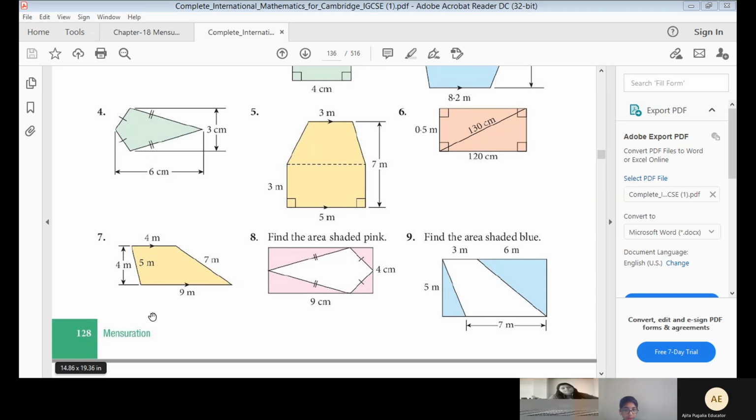Find the area shaded in pink. Okay. You're still on the eighth question. Okay.